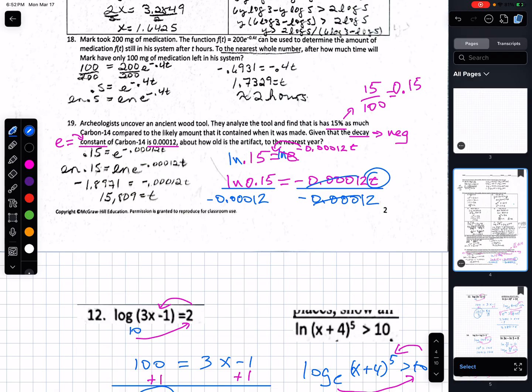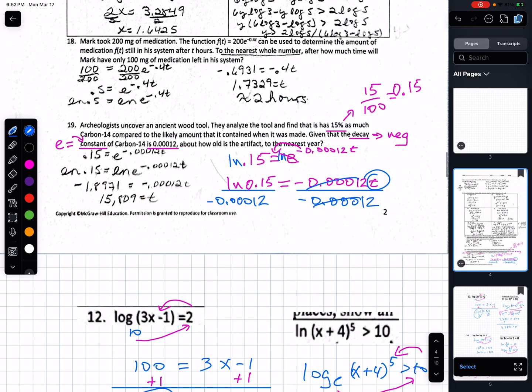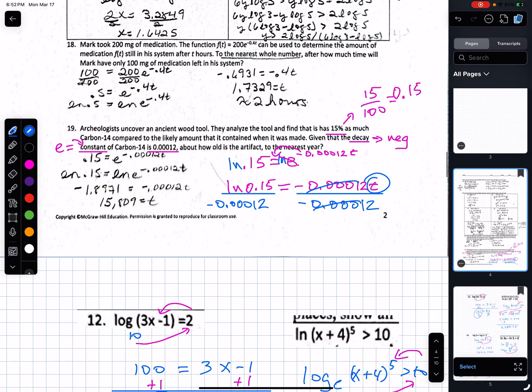Put a negative. Perfect. I just saw it. The negative's in the wrong spot. I just screwed up. So we want to put it right there. Second insert, negative. Okay, there we go. So we get 15,809 years. Awesome. That's a long time.